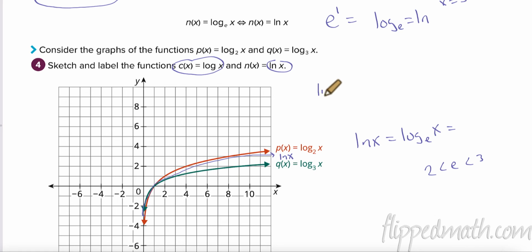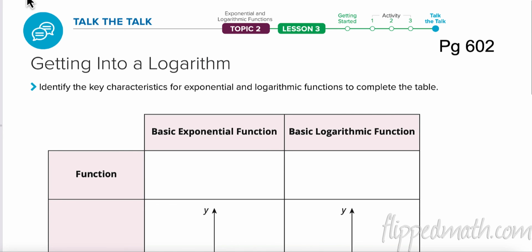And I know that log of x is the same as log base 10 of x. And so you remember, when I went this way, the bigger the base, the faster it goes up. So if it goes up faster, now it's going to go over faster. So you see how it goes down? So I know that 10 is going to be somewhere in here. All right, somewhere lower because it's going to get over to the right faster. All right? Last but not least.